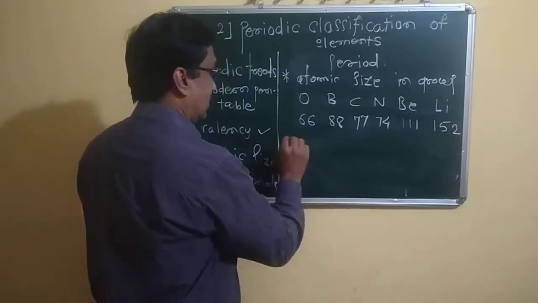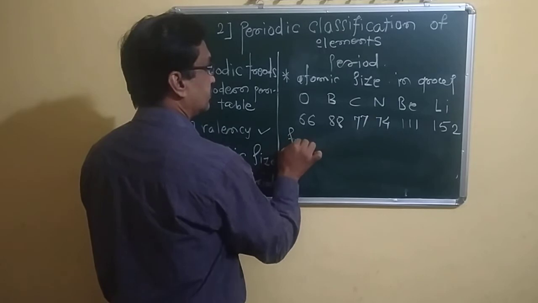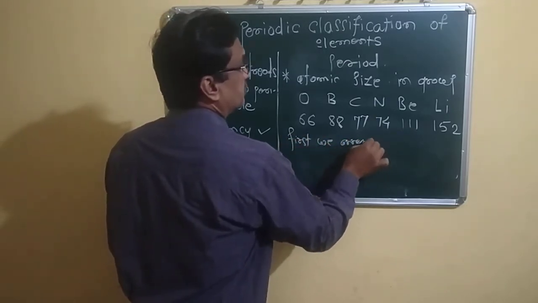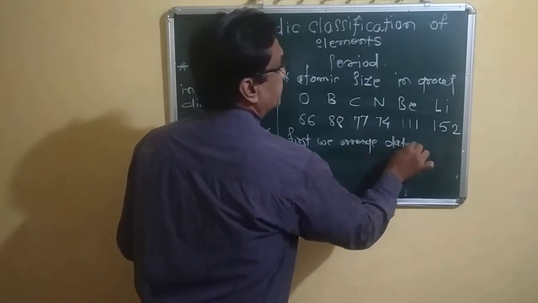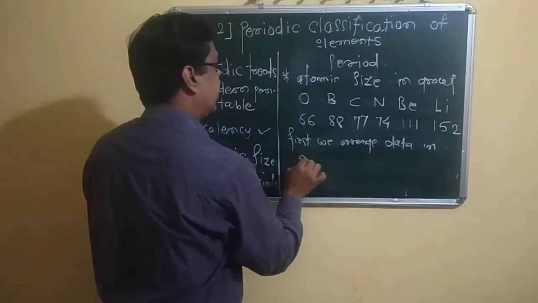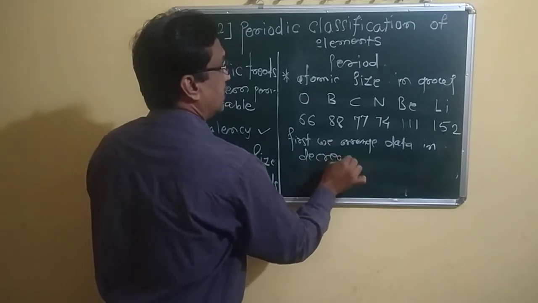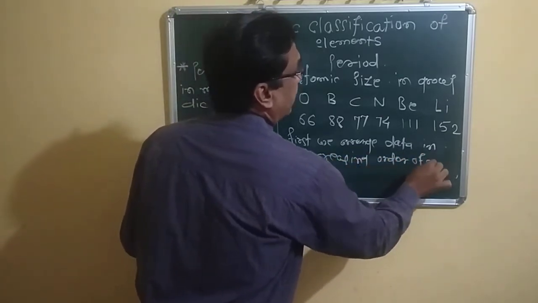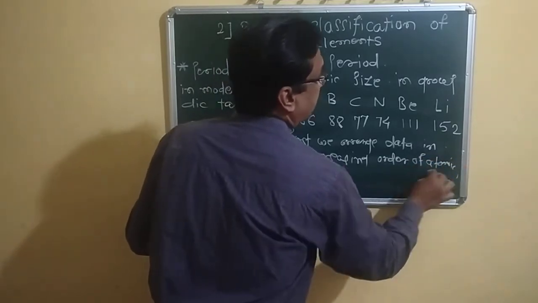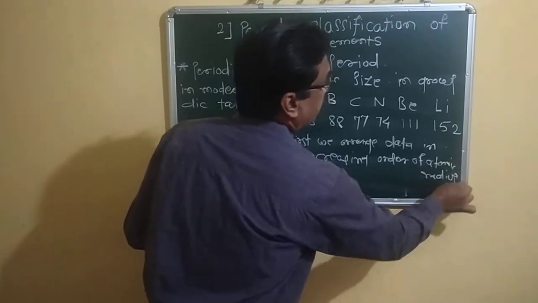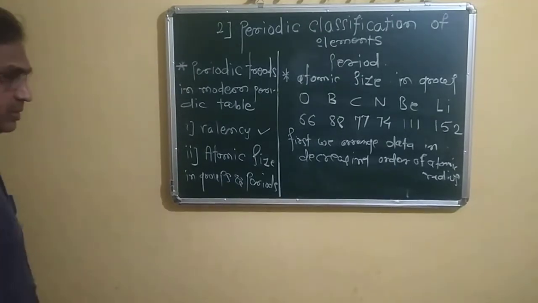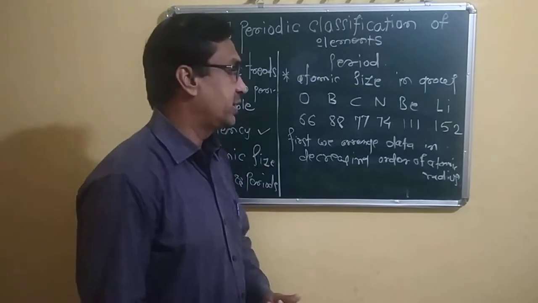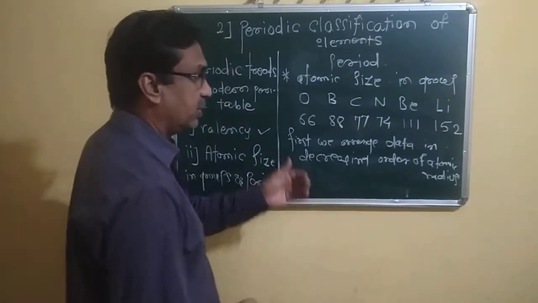That is, first arrange the data in decreasing order of atomic radius, decreasing their radius of the element.